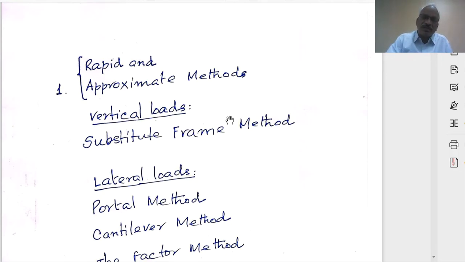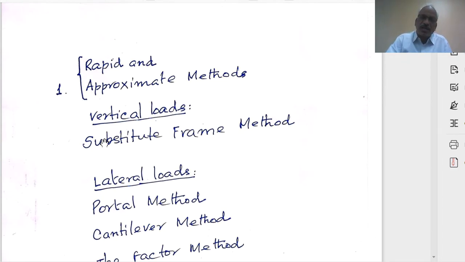So the building can be analyzed either by using softwares, or there are some approximate methods. So coming to the approximate methods, one is for vertical loads and the other one is for horizontal loads.